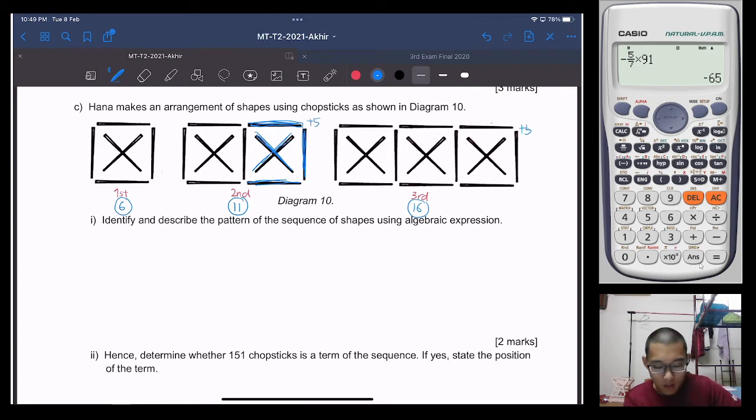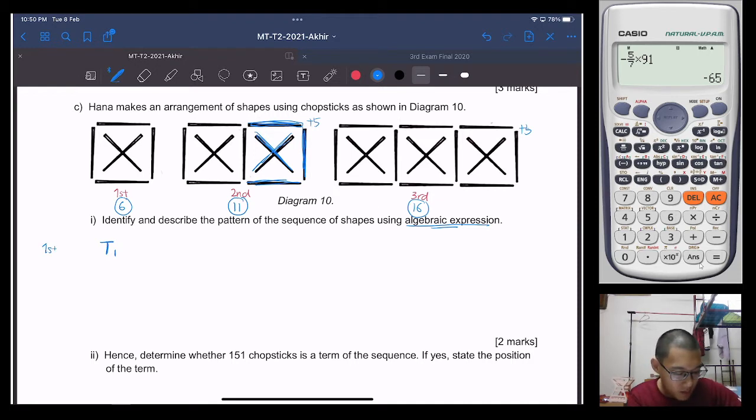Because the question asked you to describe using the algebraic expression, but before you try to describe using algebra, you try to do some working steps. So we have the first term. Let's say we use T1 as the first term.